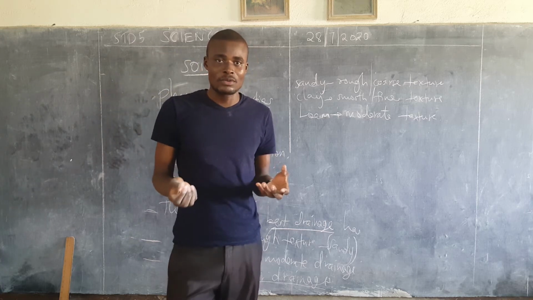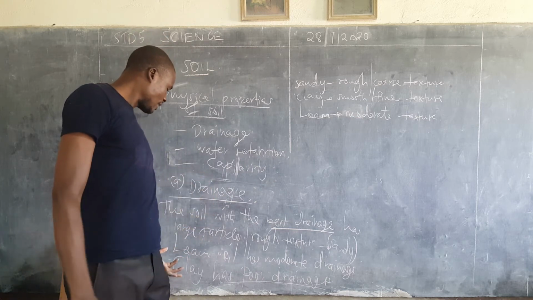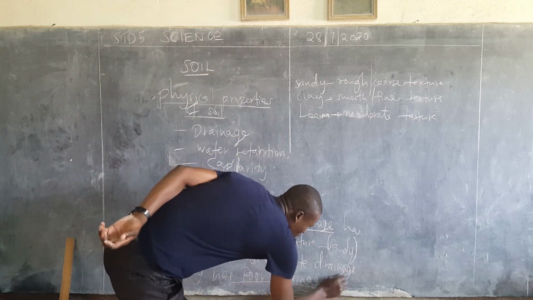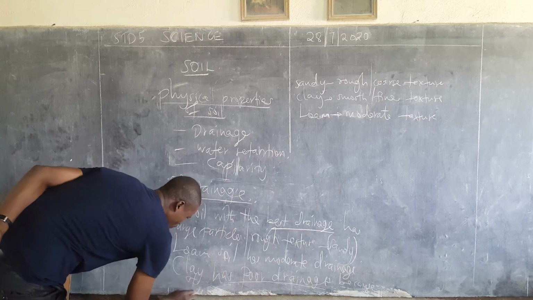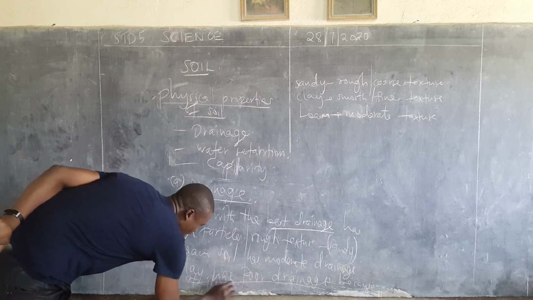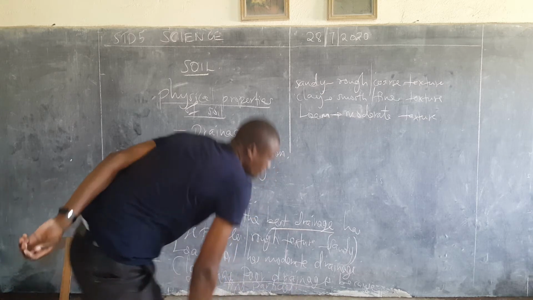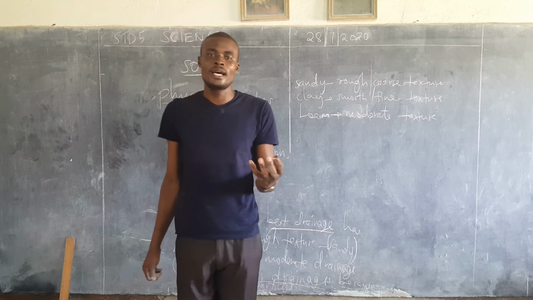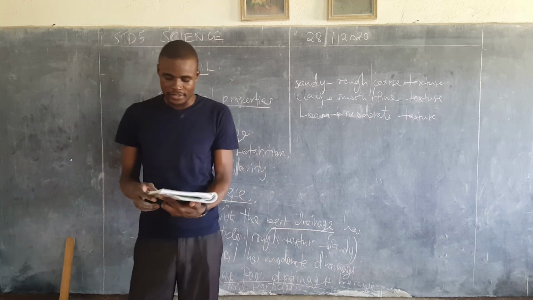Hence, floods will automatically take place. So we'll just say that clay soil has the poorest drainage. Why? Because of its fine particles. Because the particles are so fine, water is held. Water is not being drained very, very fast.